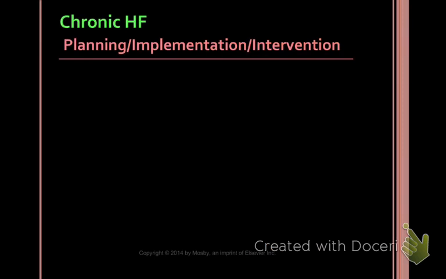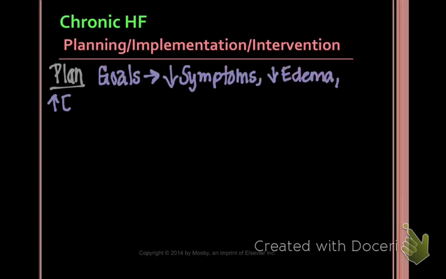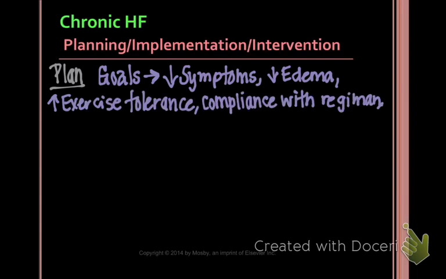Planning, implementation, and intervention for chronic heart failure. So your goals are to decrease symptoms, decrease edema, of course, decrease hospitalizations. And to do this, you're going to want your patient to be compliant with a regimen and even increase exercise tolerance.